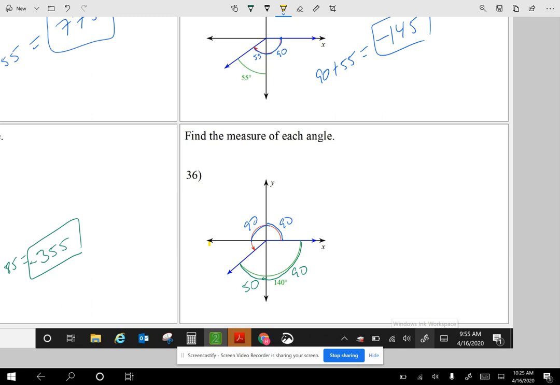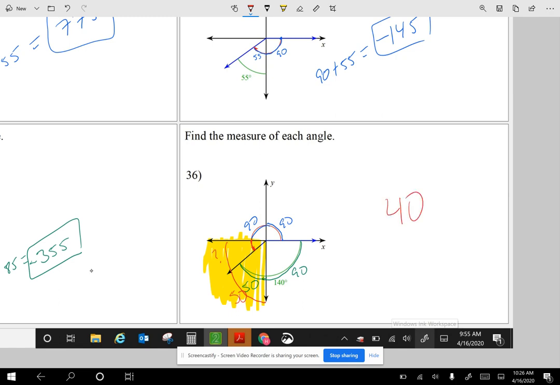Now when I look here, my eyesight is right here. I know this whole angle is 90. Part of it is 50. I'm wondering how much is this part? The whole thing is 90. Part of it is 50. Shouldn't I just call that 40?